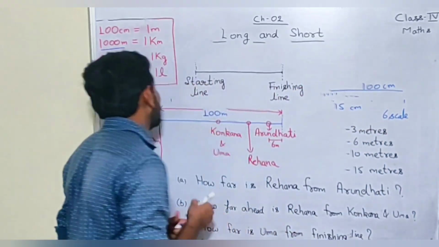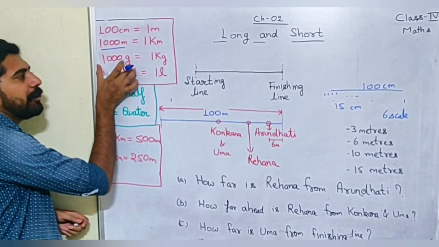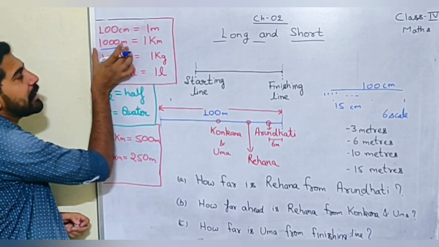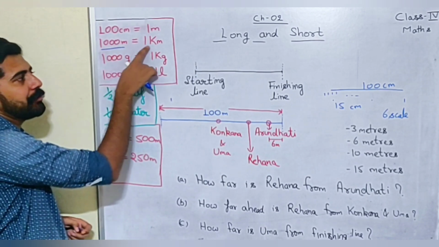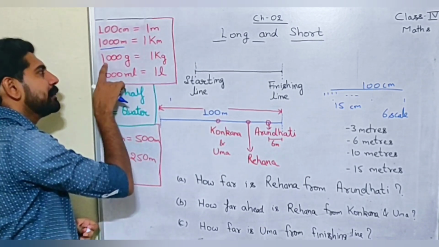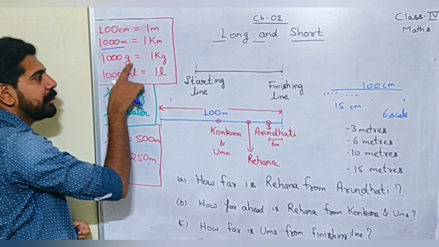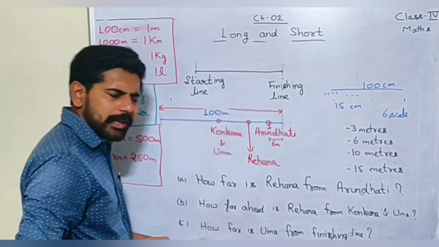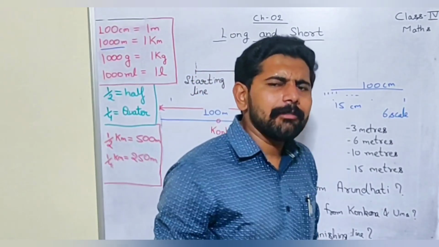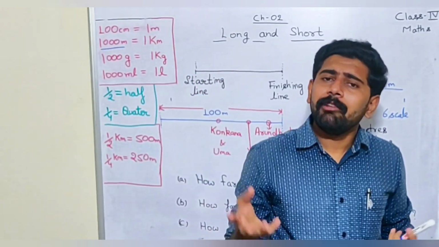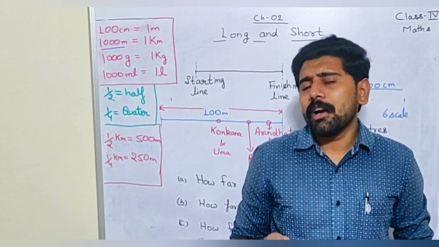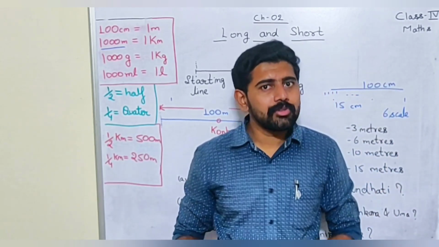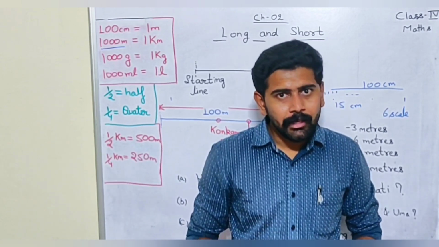Okay, that means for every 1000 grams we use 1 kilogram. Just like for every 1000 meters we use 1 kilometer. Similarly, for every 1000 grams we use 1 kilogram. Okay, but what do we use when we purchase a water bottle, or the milkman comes to our house and gives us milk?